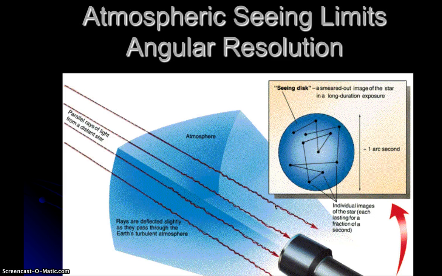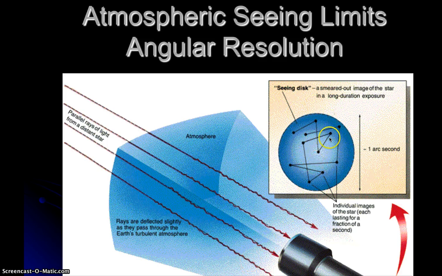Now, one of the downsides to resolution is that no matter how good our telescope is, the atmosphere affects the resolution of our telescope, because when the light rays come into our atmosphere, they bounce around off the air molecules, and this actually disturbs our resolution and makes it a little bit larger than we wanted it to be.